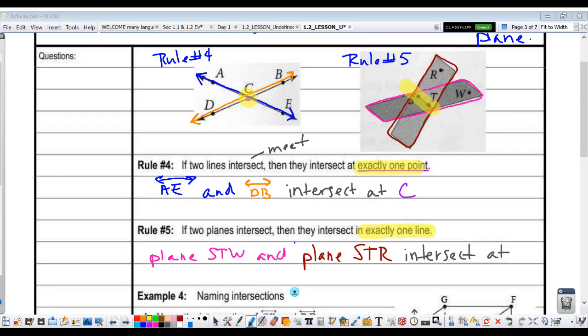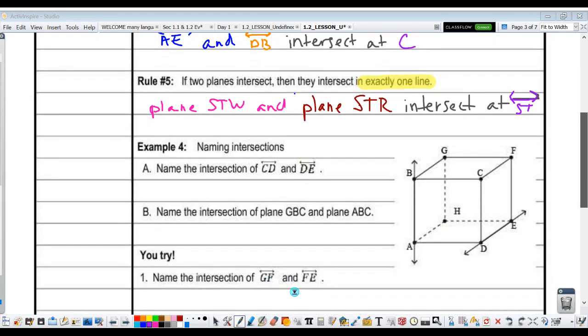Well, they intersect at exactly one line, so they intersect at ST. Now you might be saying, Miss Anderson, that's a segment. But with this particular rule, we can imagine that this segment extends forever to infinity. So the rule is that it is intersecting at line ST. Those are our last two rules, and only 2 more practice problems.